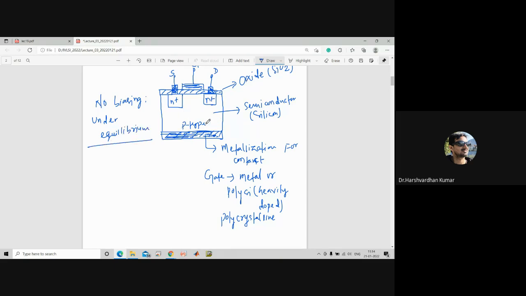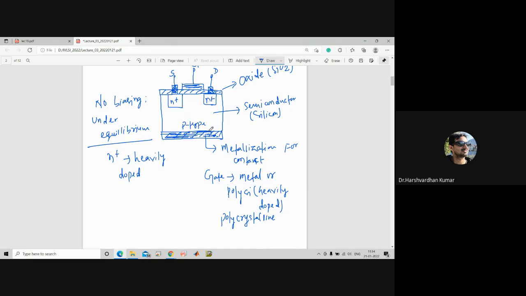This is a p-type material, and here we have n plus. So what does n plus mean? Heavily doped, right?